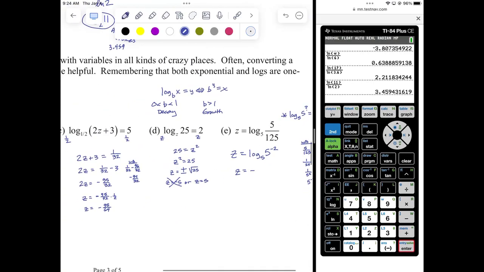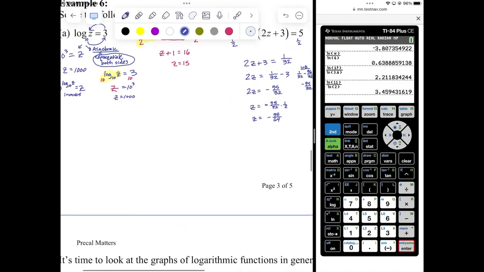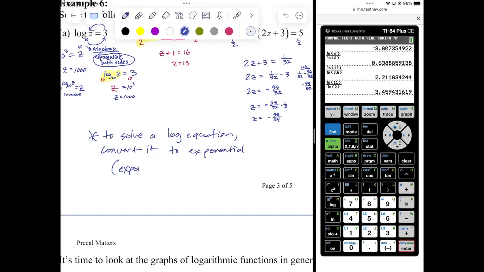So I think we could say this, kind of a summary: to solve a log equation, convert it to exponential, which means to exponentiate both sides. It's easier to solve in the exponential format.